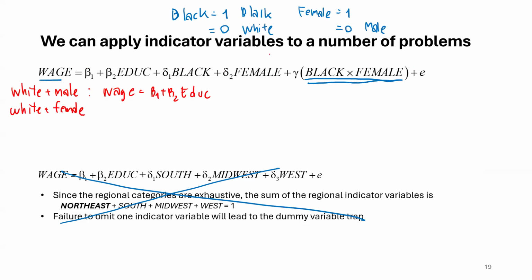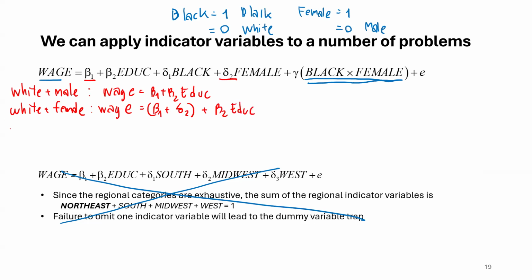Female here is one, the others zero, so the wage shifts to become beta one plus rho two, plus beta two education.